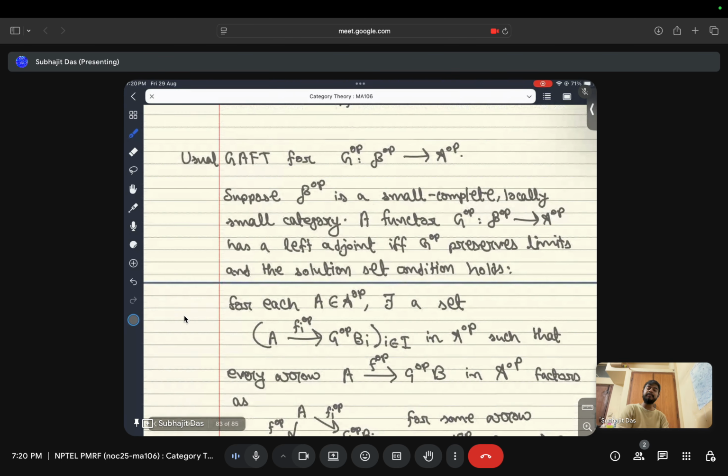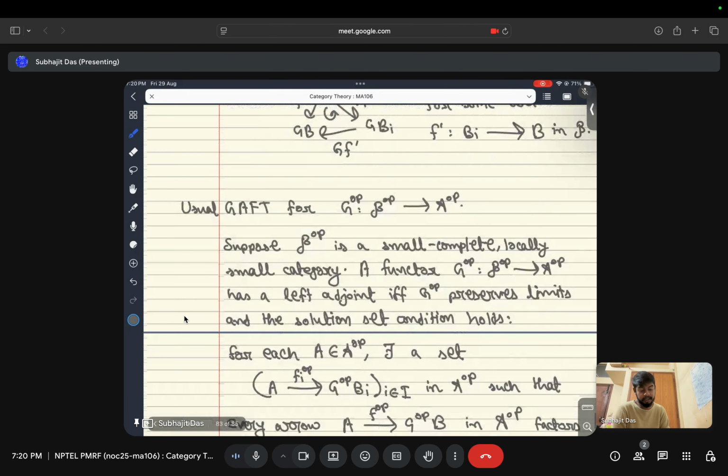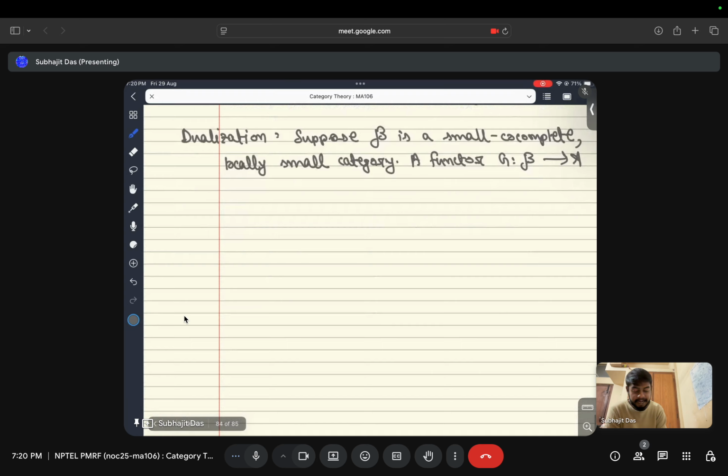A functor G op from B op to A op, so that should be replaced by a functor G from B to A. A functor G from B to A has a left adjoint. So think about this very carefully. We have covered this previously, that if F is a functor A to B, G is a functor B to A, and there is an adjunction with F being the left adjoint and G being the right adjoint, then if you look at the opposite categories, A op, B op, this is your functor F op, this is your functor G op.